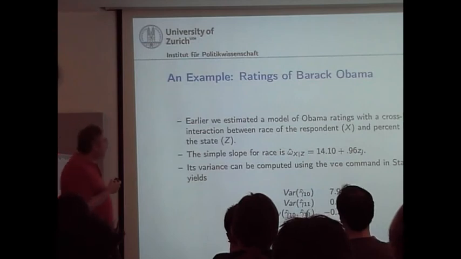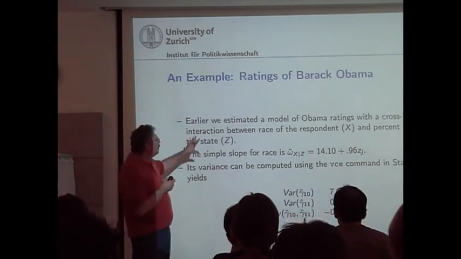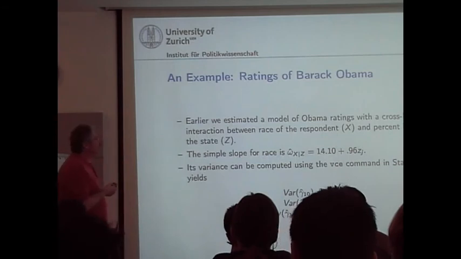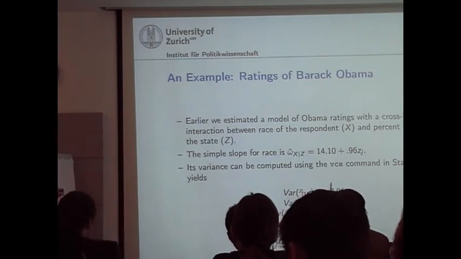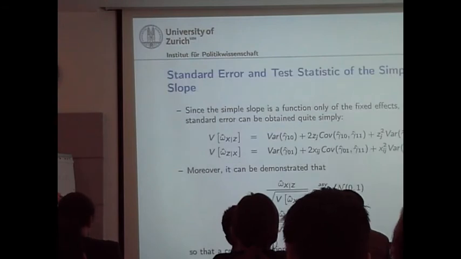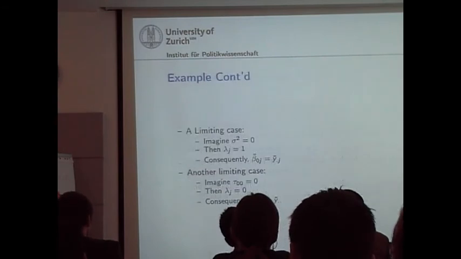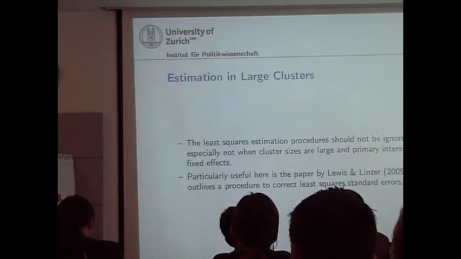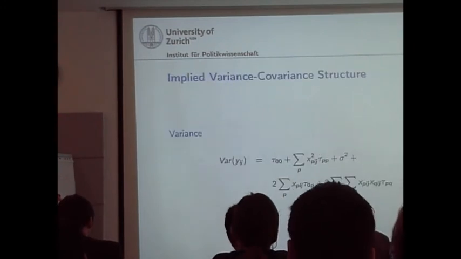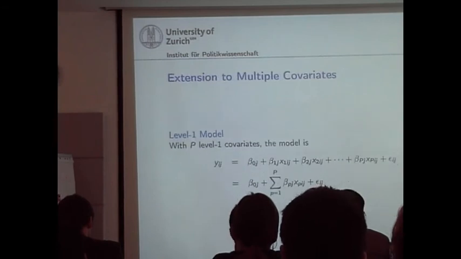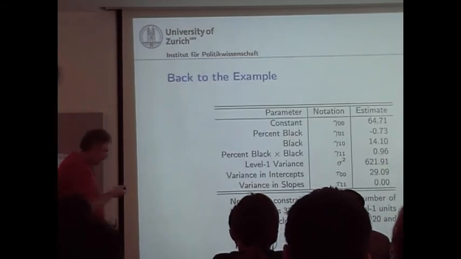So earlier we estimated this model of the Obama ratings with a cross-level interaction between the race of the respondent and percent black. And to go back to these estimates, it's been a while. It was this one here.